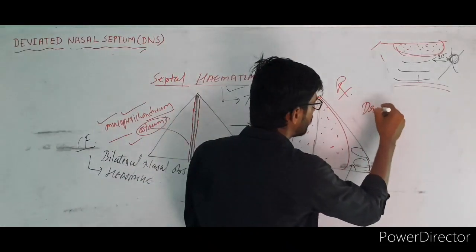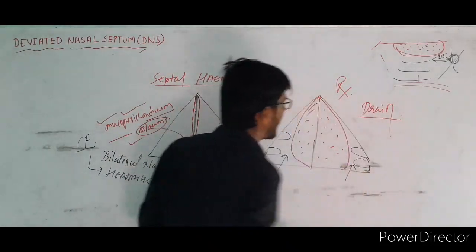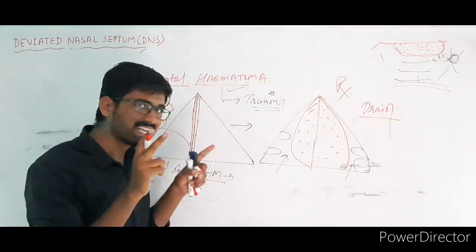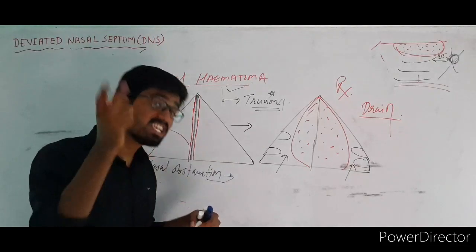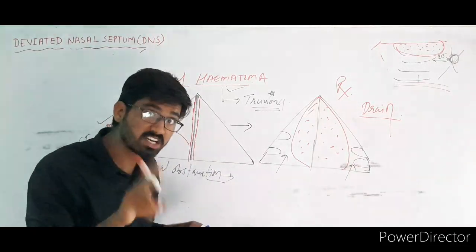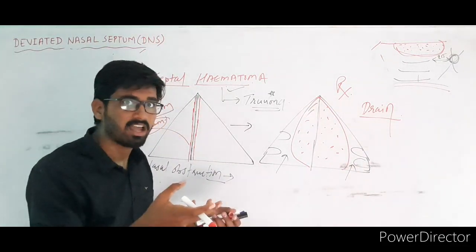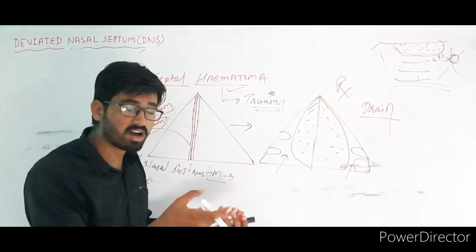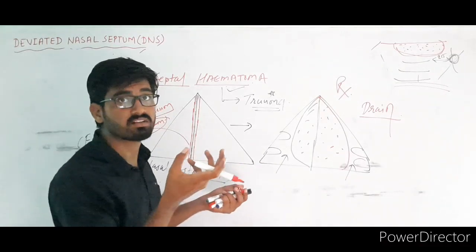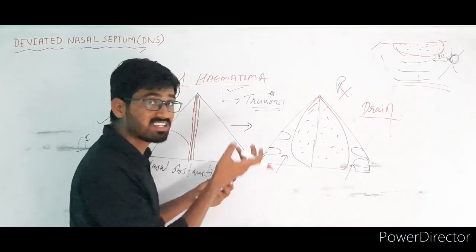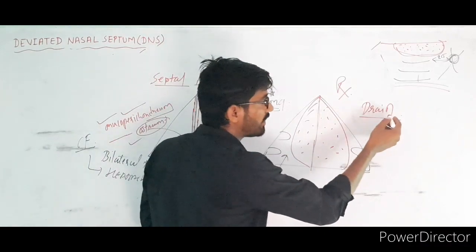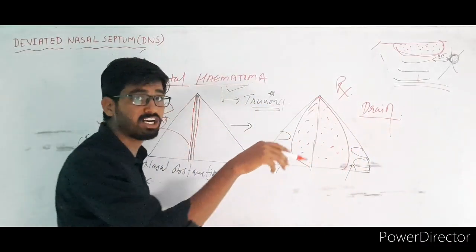Wherever there is blood collection in our body, it has to be drained. Why? Because it's a good culture medium for infections. Bacteria and other things will grow in that part and it will lead to an abscess.